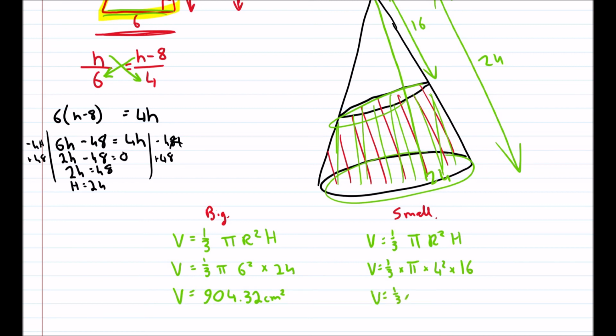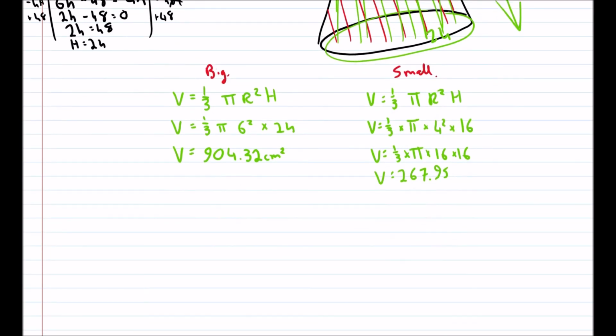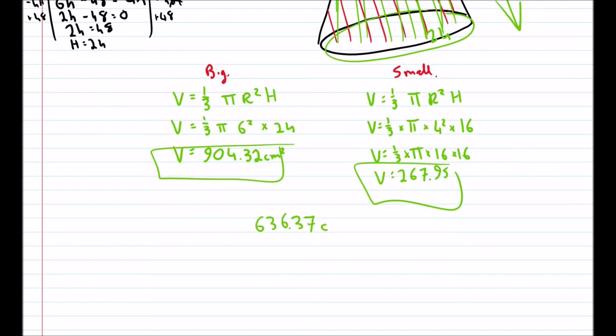Small one, same formula, volume equals 1/3 pi multiplied by 16 multiplied by 16. And that is 267.95. Okay.